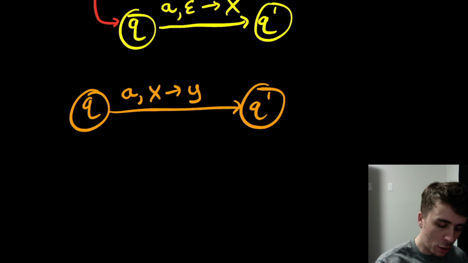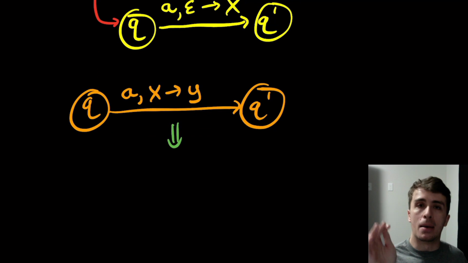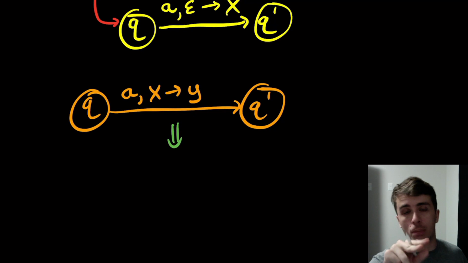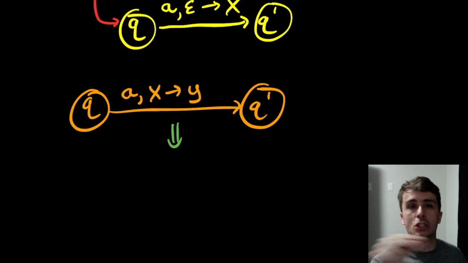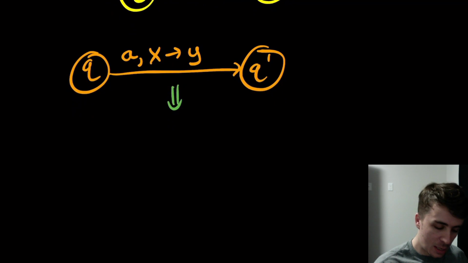So what we are going to do is break this up into two transitions, kind of like how, when we were converting the PDA to a CFG, we broke up the transitions that did both operations, push and pop, into two separate transitions, one which popped first and then pushed next. That's almost identical to what we're going to do here.